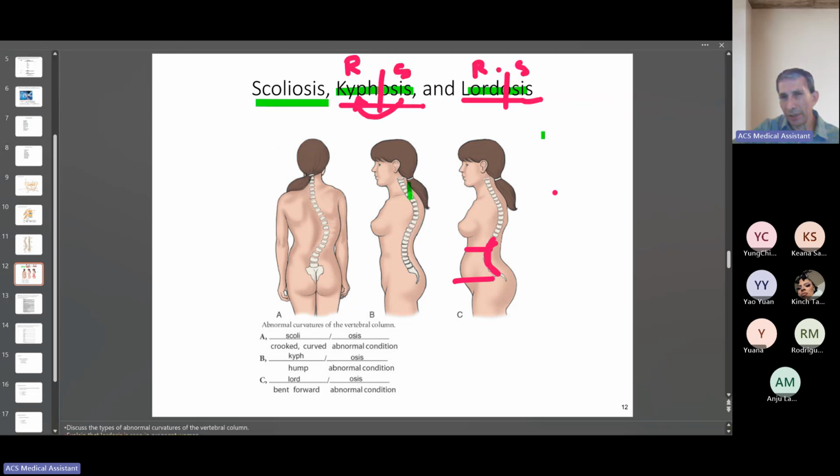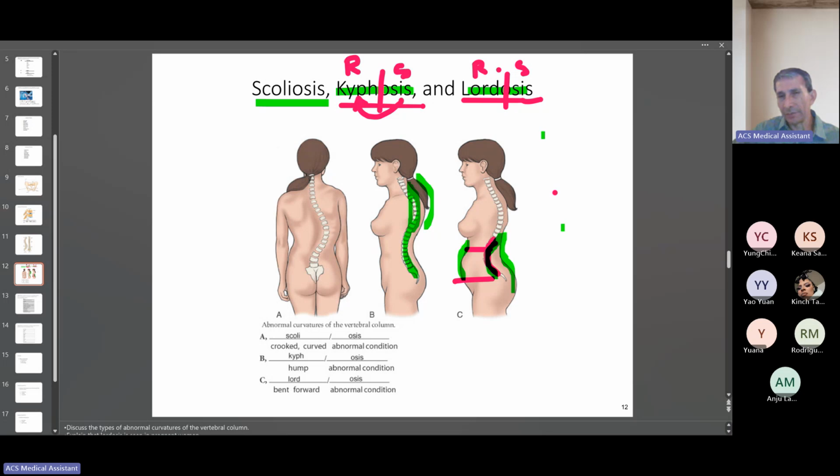See, it's supposed to be right here, but then it goes out. It forms this hump. Lordosis, it goes inwards and produces this curvature. And if it is indented here, it's going to make this part of your pelvic area protrude, and it's going to make you look like you're pregnant, but you're not.